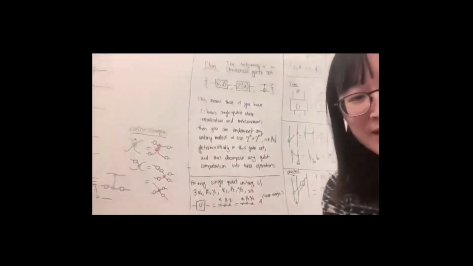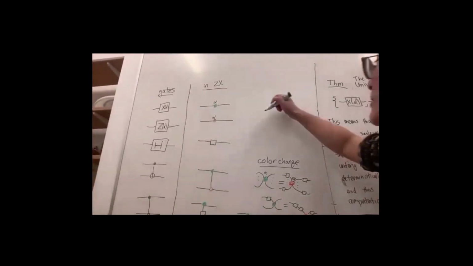So one example is the Bell state circuit. I'm kind of jumping ahead a little bit, but you'll have to see this sooner or later. In fact, you will see this very soon.